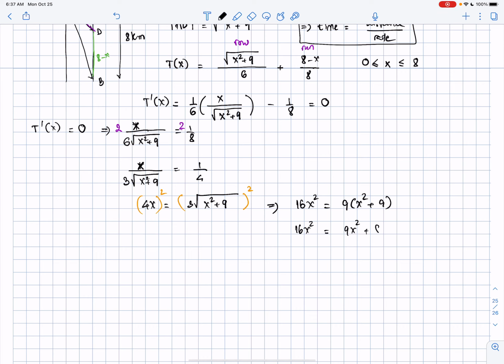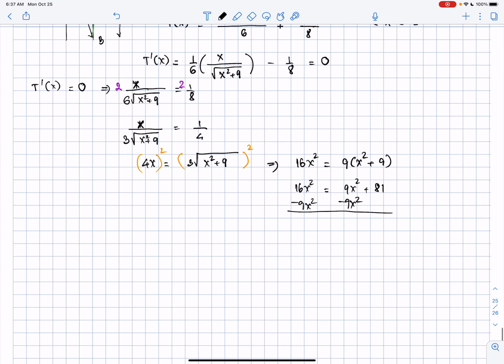Then we open the parentheses and solve for x. So we get 7x squared equal 81, and then x squared equal 81 over 7. So x equals plus or minus 9 over the square root of 7.